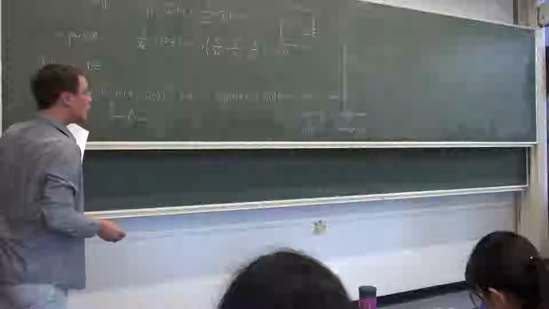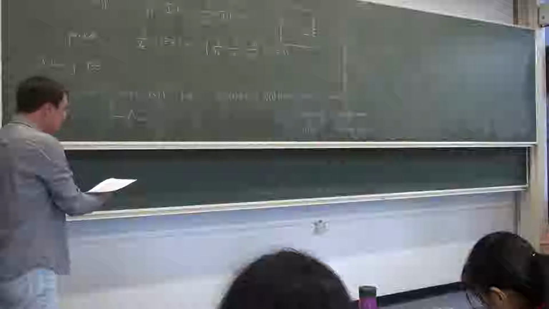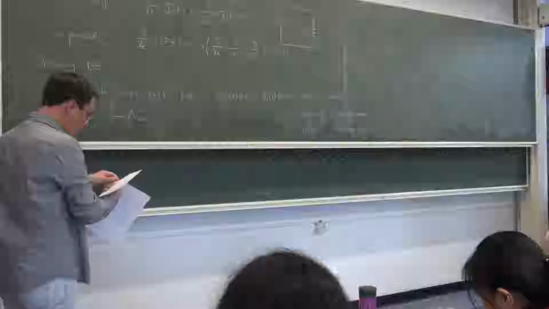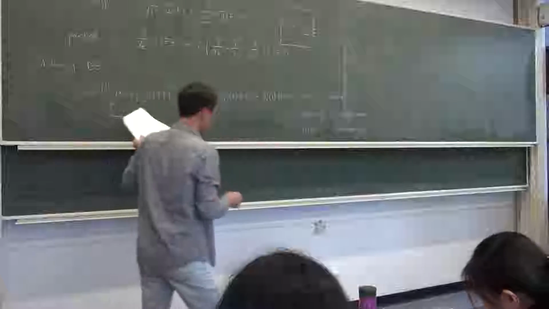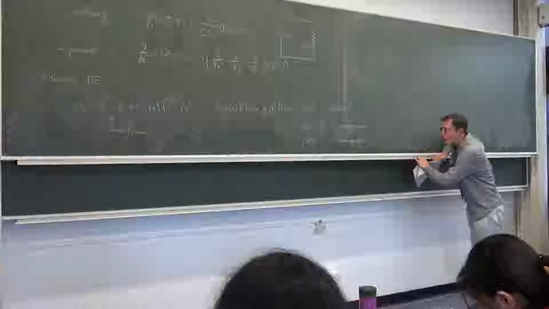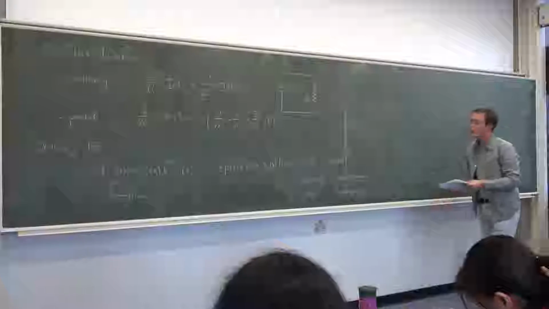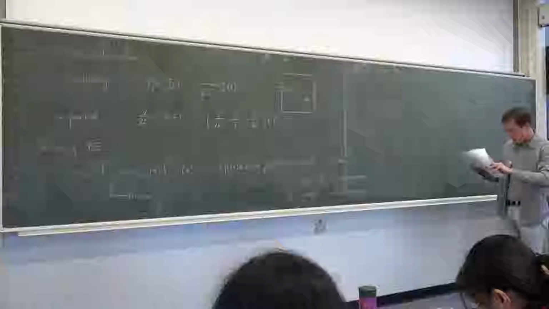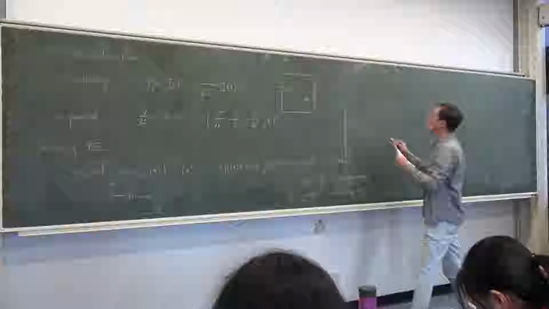Okay, so that's for the linear ones. Then, if you look at more of a physical meaning of what goes on in here, you can have an equation of motion with respect to time of the following form.